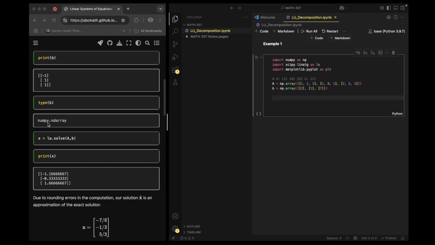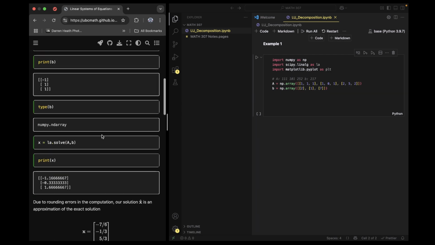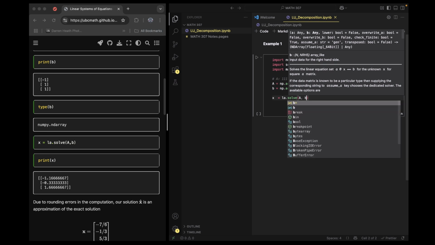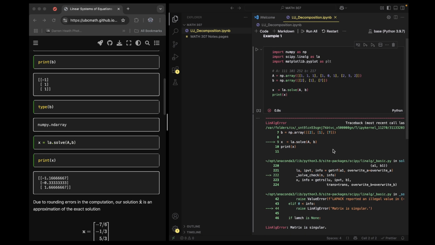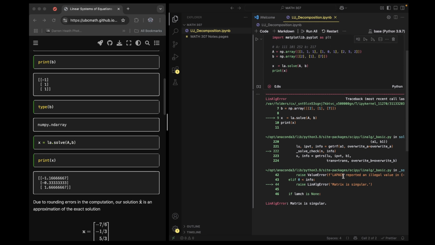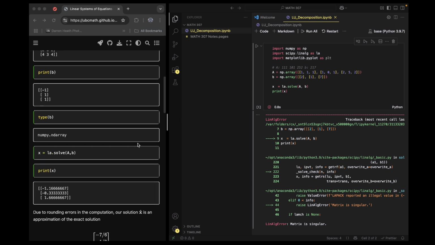Okay. X equals LA dot solve B, print X. Matrix is singular.